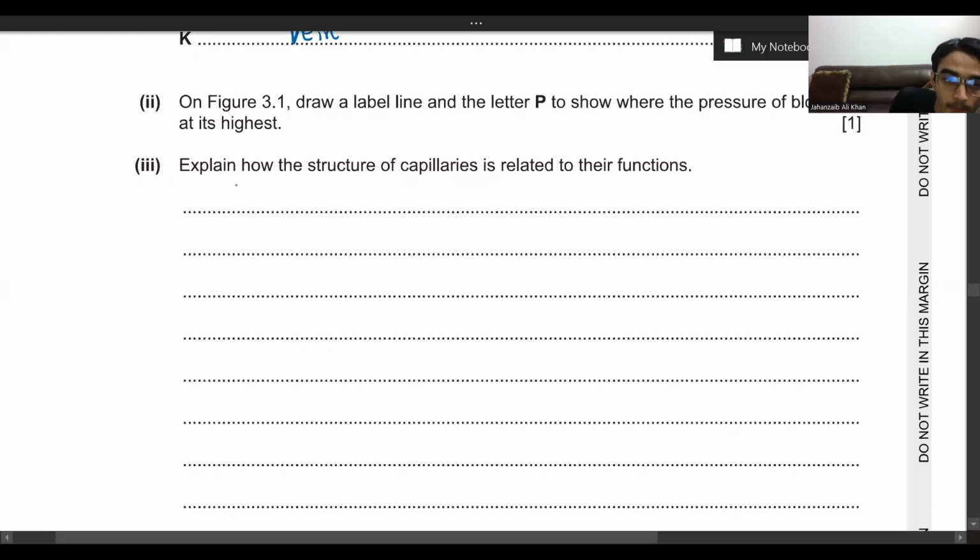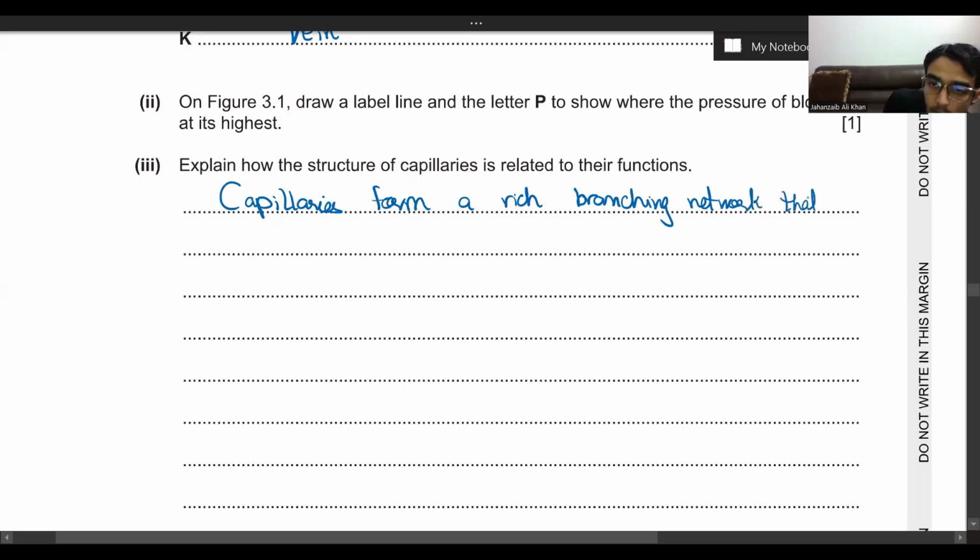I'm going to say capillary is the rich branching network that allows blood to reach everywhere, right?